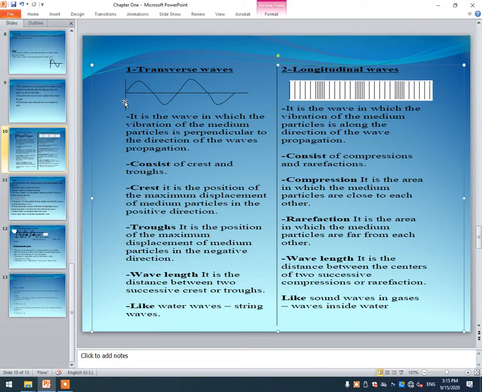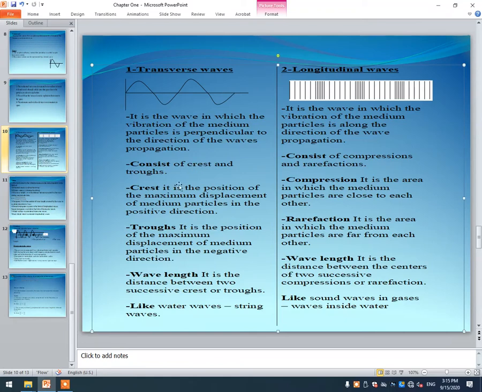We want to know how we can calculate the wavelength here for this object. The wavelength is the distance between two points. These two points have the same phase.